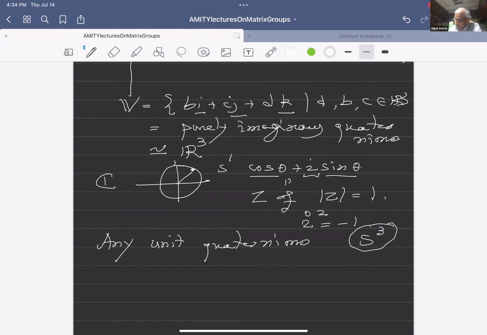So it's completely analogous to the complex numbers, except that in the complex numbers this i whose square is -1 is unique.